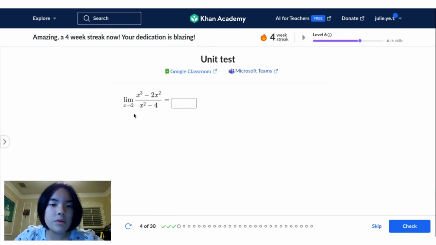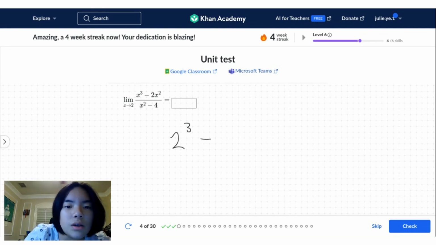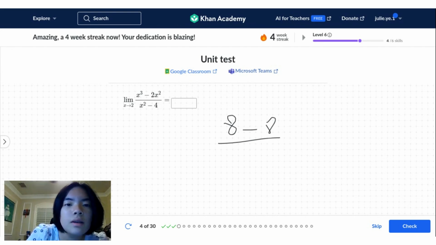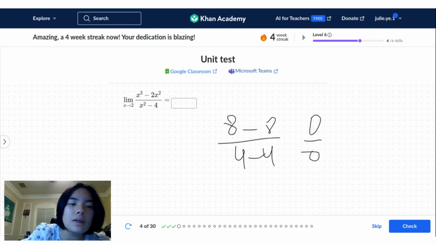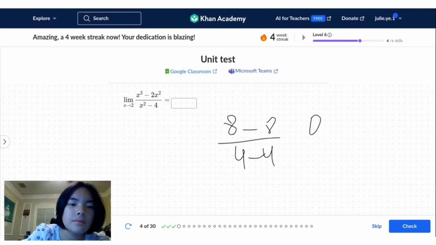Okay, x approaches 2. We want to do a direct substitution, but I have a really good feeling that it's not going to work. So this one is going to be 8 minus 4, 4, 8. Yep, it already gave us a 0. 4 minus 4. It's 0 over 0. That means we'll have to do factoring.